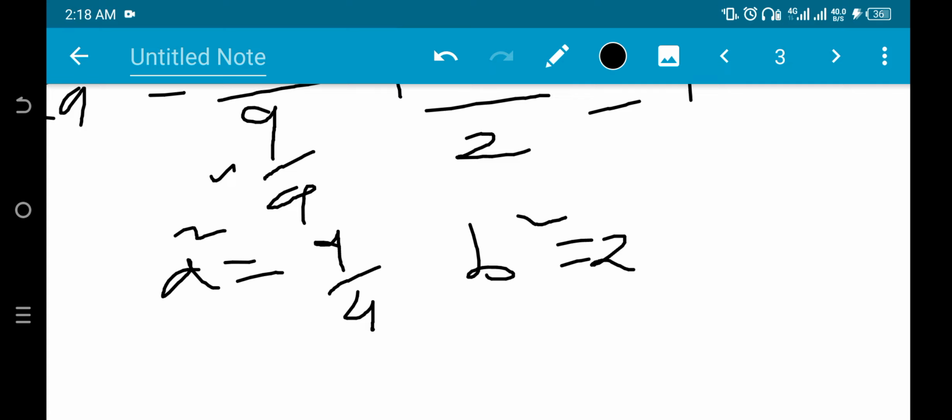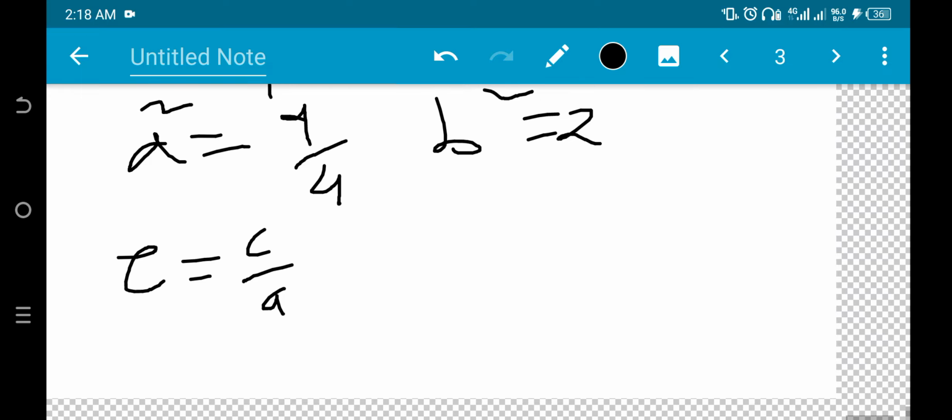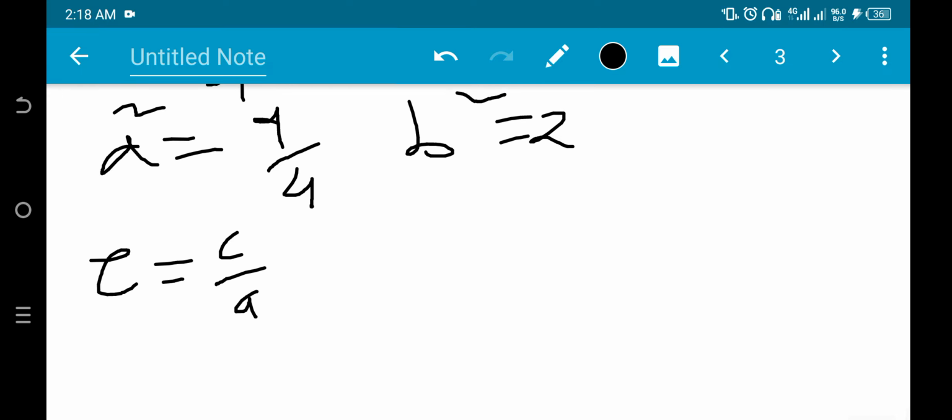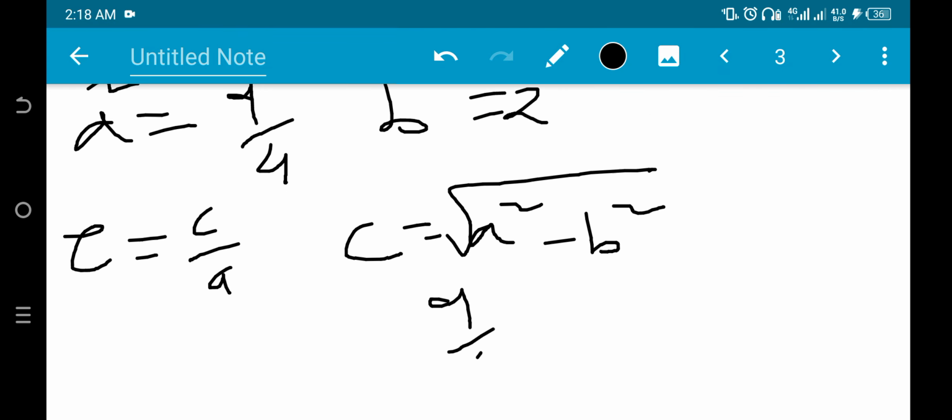Now, we know that they are telling us to find the eccentricity, which is e equal to c over a, isn't it? So now, how do we find c? We know that c is equal to the root of a squared minus b squared. So it's just the root of 9 over 4 minus 2.